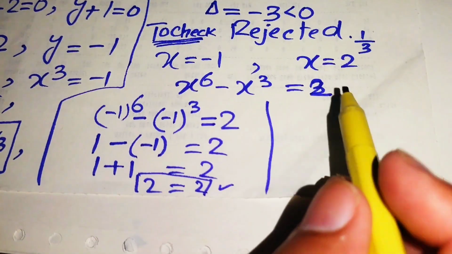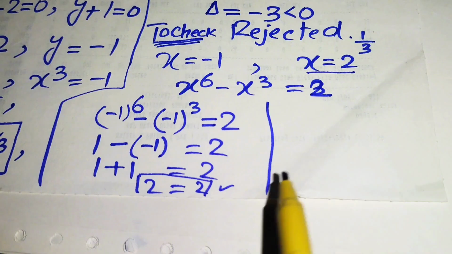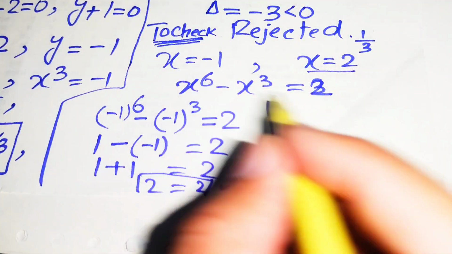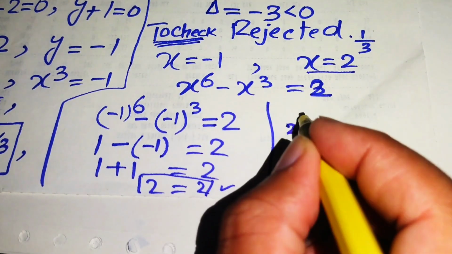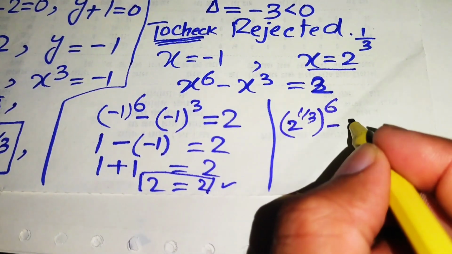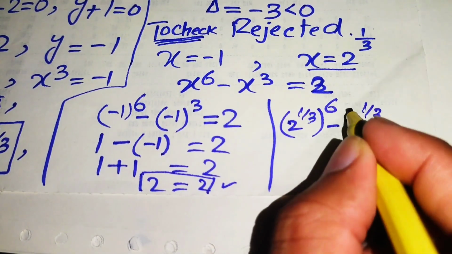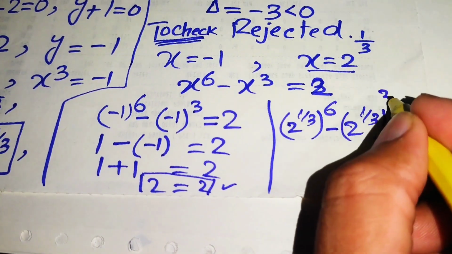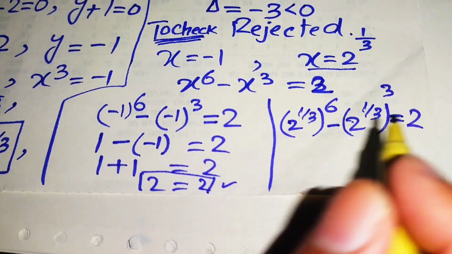So now we check the second root, which is x equals 2 to the power of 1 over 3, and we substitute it here, and you get (2 to the power of 1 over 3) to the whole power 6 minus (2 to the power of 1 over 3) to the whole power 3 equals 2.